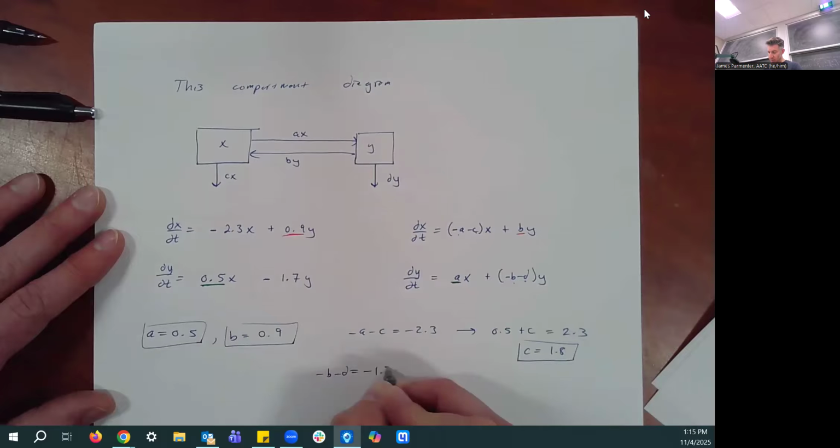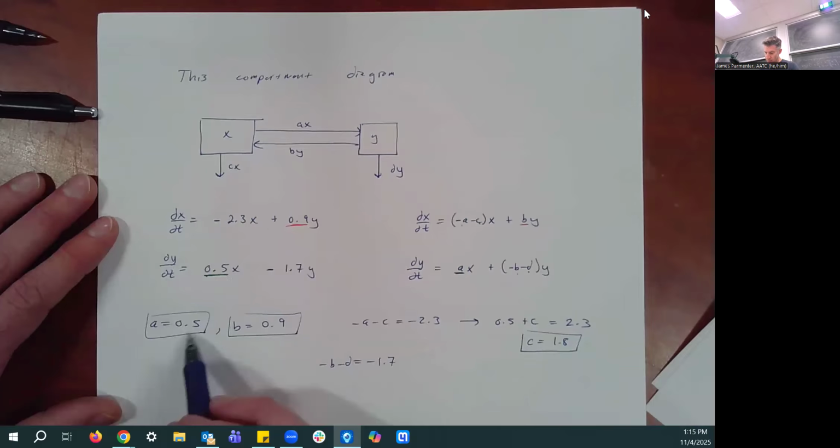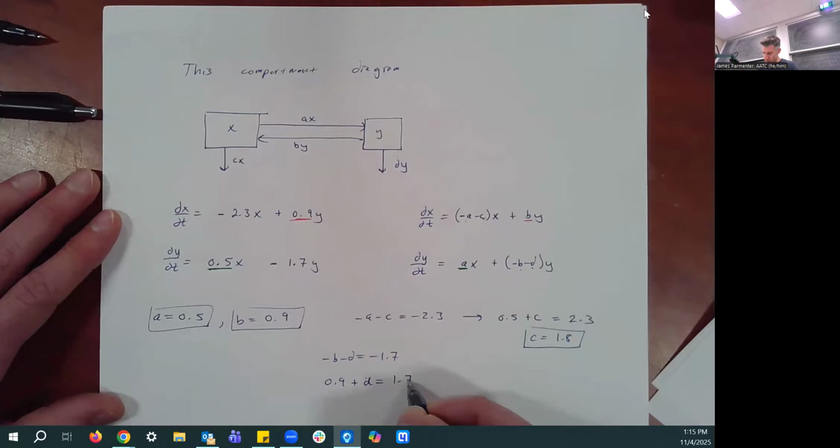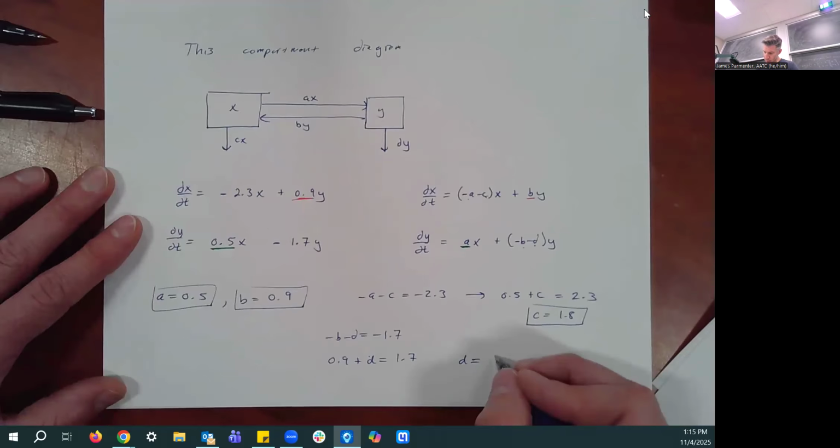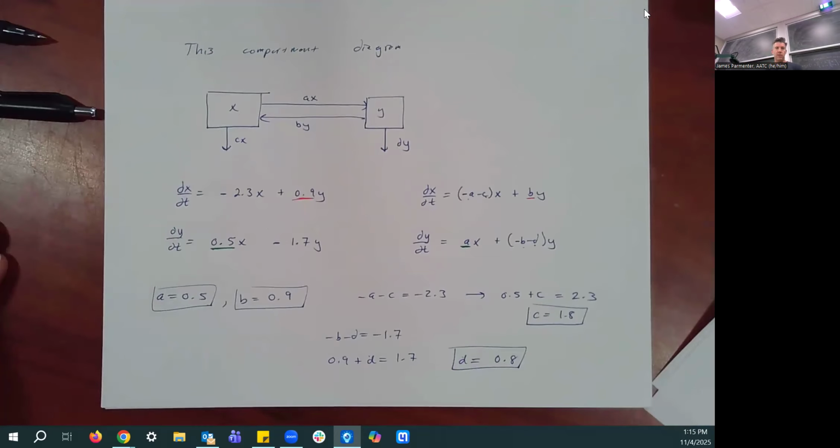Multiplying both sides by negative 1 and replacing B with 0.9, we have 0.9 plus D equals 1.7. So D is equal to 1.7 minus 0.9, which is 0.8. So this is pretty straightforward once you see what's going on.